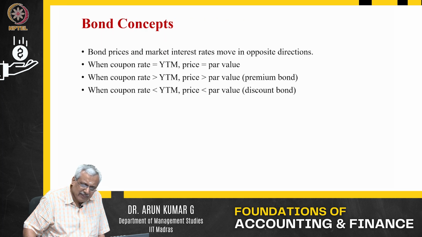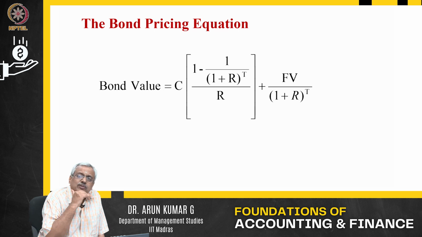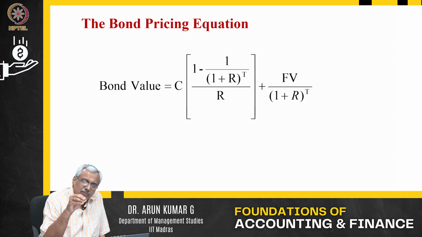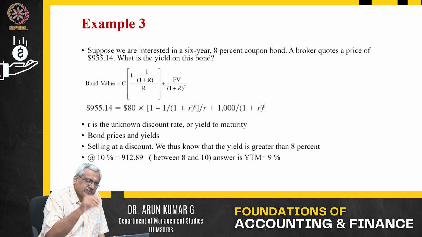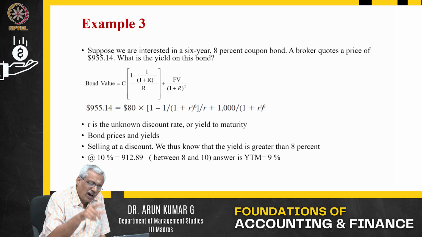Let's go back to the same equation. The bond value, what we talked about and what I calculated in Excel, is the present value of the face value, that is the second part, plus the present value of the annuity. Using the same concept, in this case the bond price is known, but R, the expected market return, is unknown.